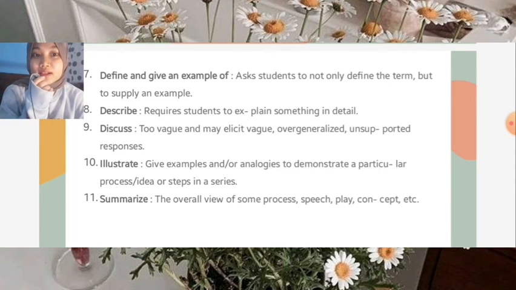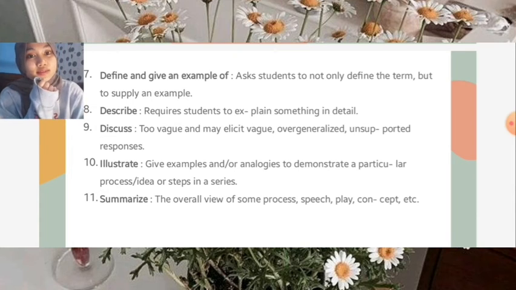Give examples and/or analogies to demonstrate a particular process or idea or step in a series. And then summarize. It means giving the overall view of some process, speech, play, or concept.